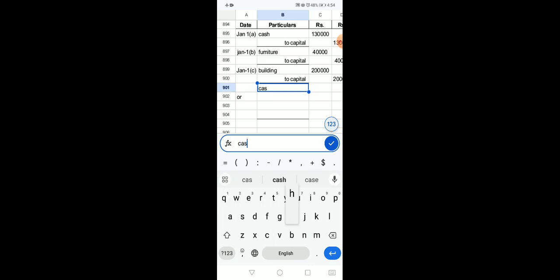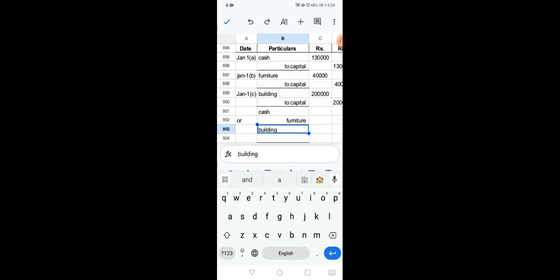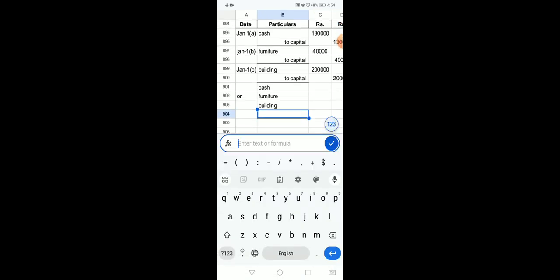Initially we received cash from the proprietor, then we received furniture from the owner, and then we received a building from the owner of the business. So these are three elements which we have received from the proprietor. Whatever is provided by the proprietor is considered capital, which is a liability.